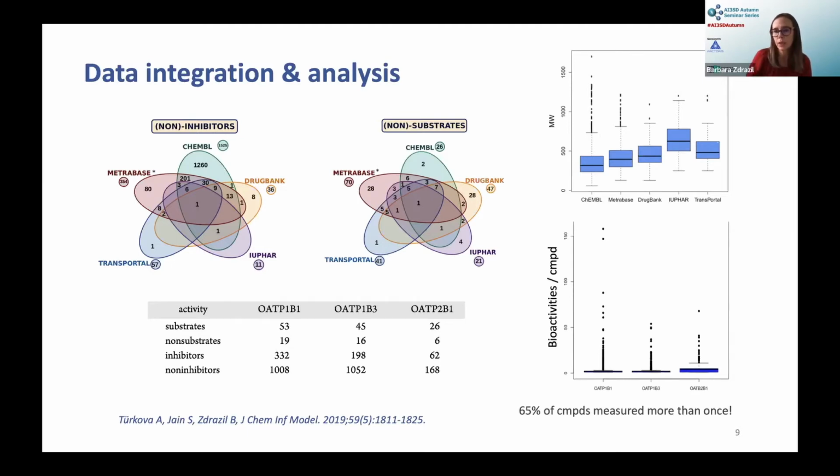What you can see on this plot in the right bottom corner is how many bioactivities or measurements we found for each of the 3 transporters per compound. You see that there were compounds in the OATP1B1 data set that had more than 150 measurements reported. And why is this important? Because we later want to use these collected ligands for building classification models.